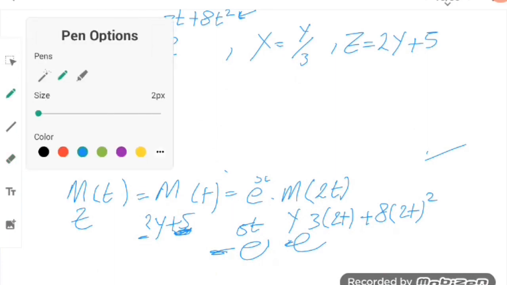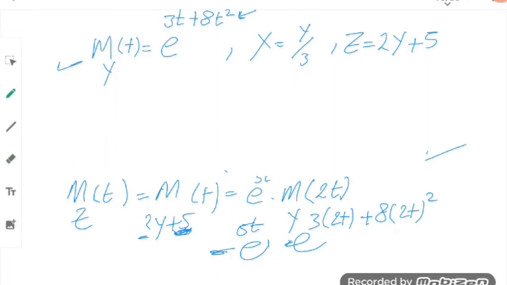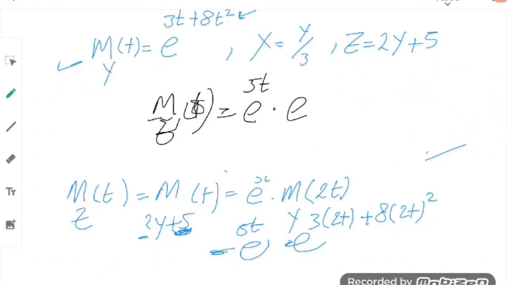This will be the moment of Z. The moment of Z will be e to the power 5t times e to the power 6t plus 4 times 8, which is 32 t squared.